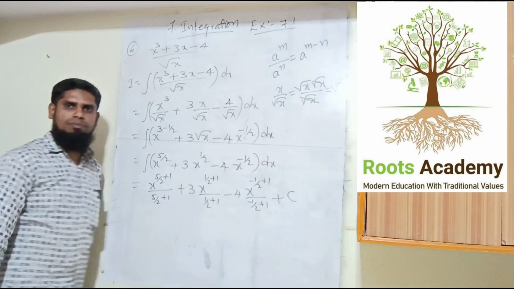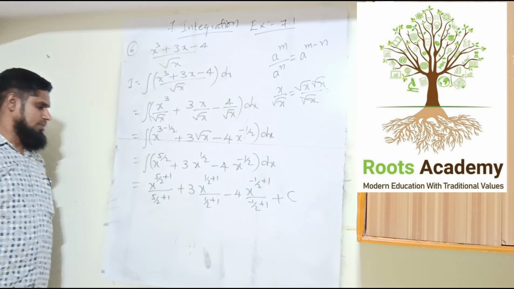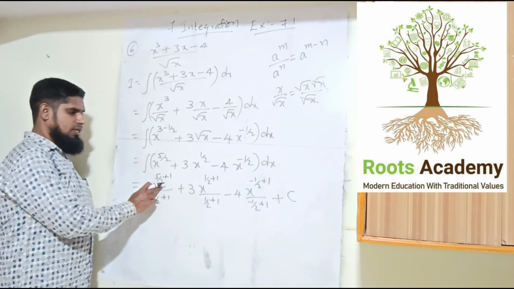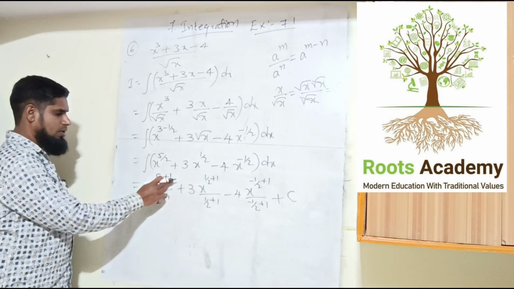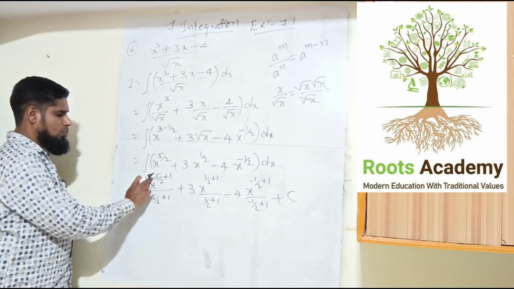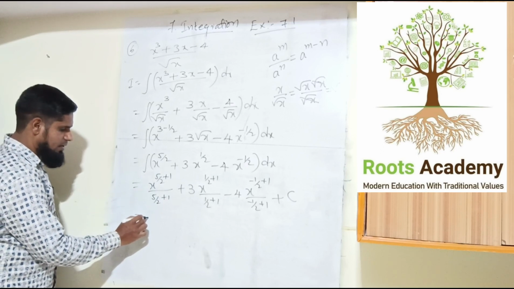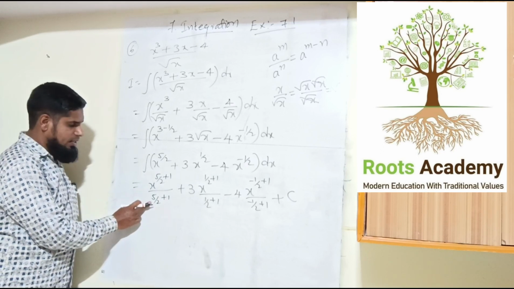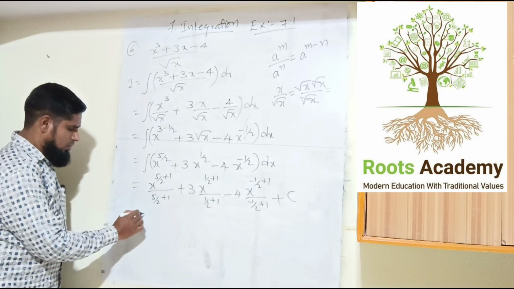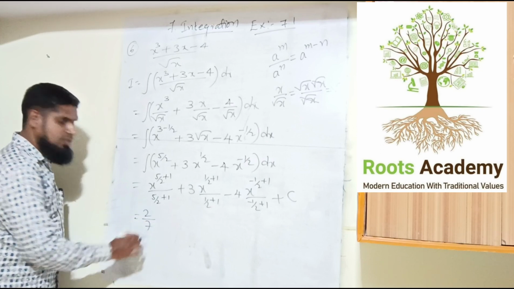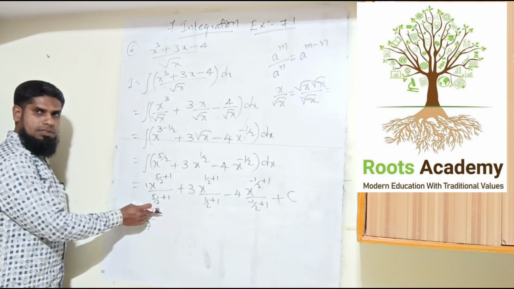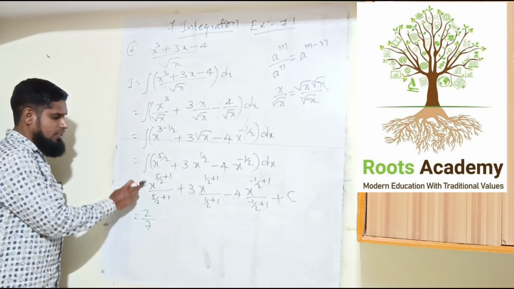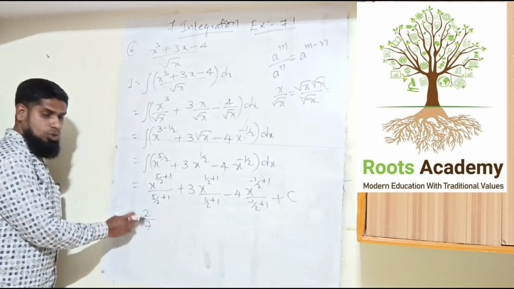After integration we must write plus c. Again 2 is the LCM here also. So 2 into 1 is 2, 2 plus 5 is 7, and the denominator is 7 by 2, so that can be written as 2 by 7 because it is 1 divided by 7 by 2, that is the reciprocal of 7 by 2, which is 2 by 7.